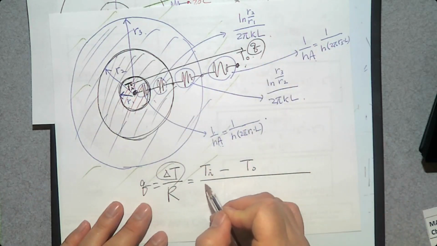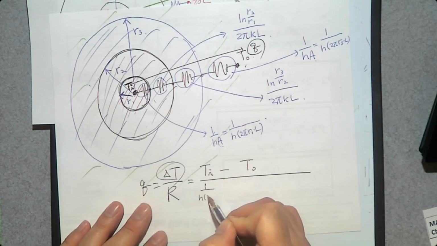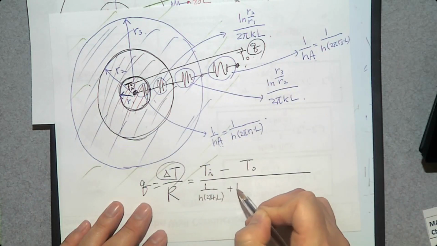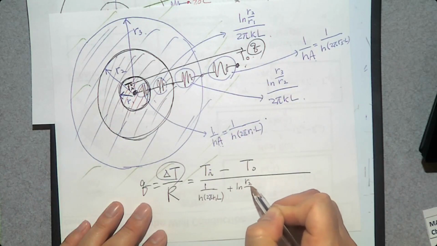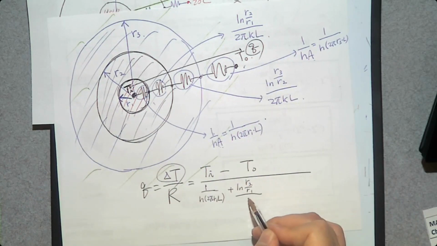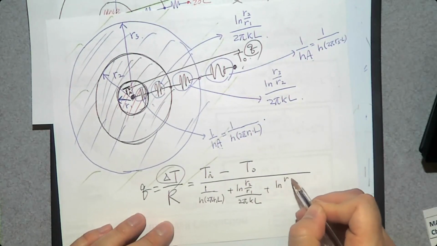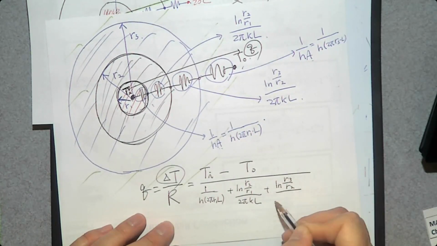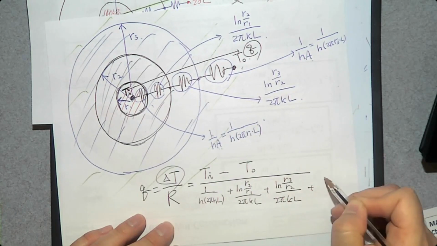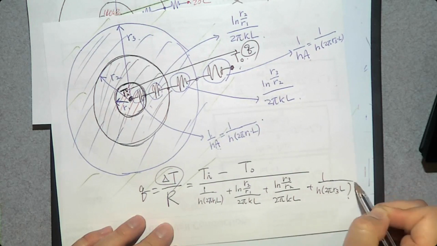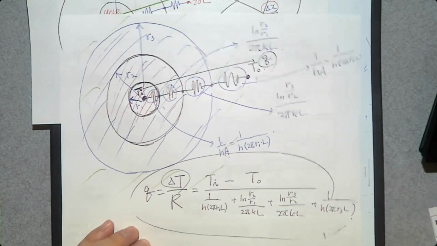So it's going to be 1 over H 2 pi R1 F plus natural log R2 over R1 divided by 2 pi Kf plus natural log R3 over R2 over 2 pi Kf plus 1 over H times 2 pi R3F. So that's how you determine the rate of heat transfer.